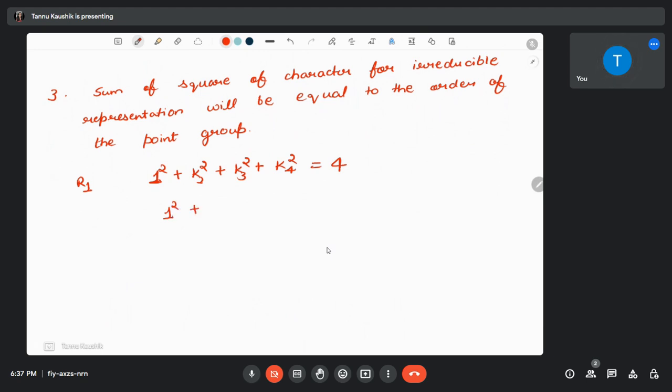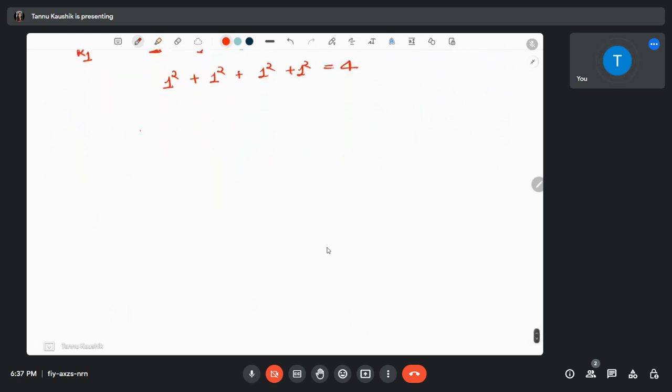It can be 1 square plus 1 square plus 1 square plus 1 square is equal to 4. So now the group multiplication table will look like this.